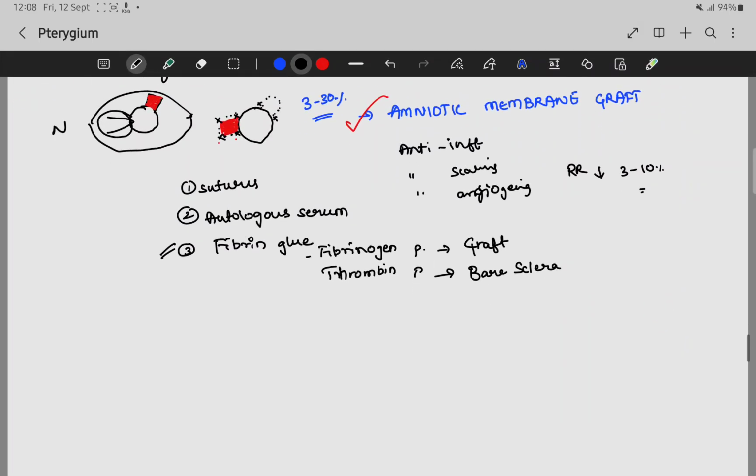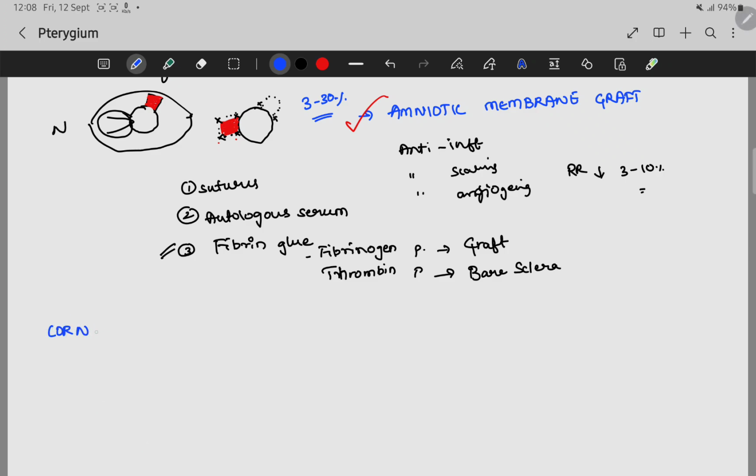So now what do we do to the cornea? So in these cases in which a large part of the cornea is involved, we can perform laminar corneal transplantation. So in which we have to thicken the cornea, because the cornea has become very thin in these cases.